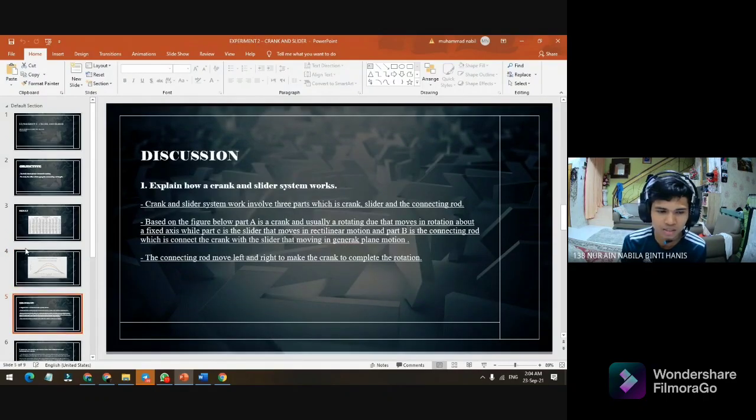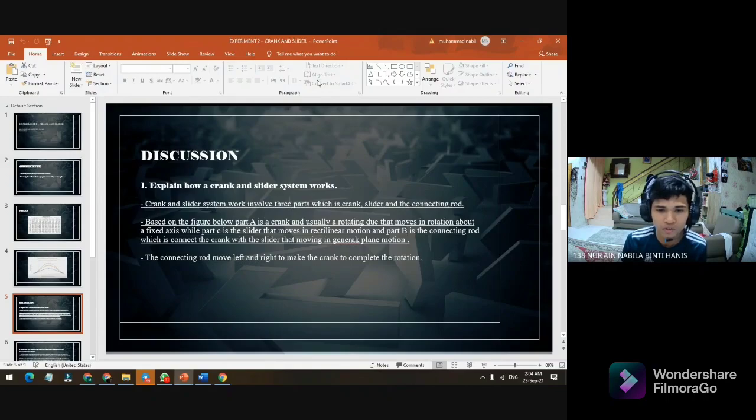Okay, next for the discussions, number one is explain how a crank and slider system works. My answer is the crank and slider system involves three parts, which are the crank, the slider, and the connecting rod.